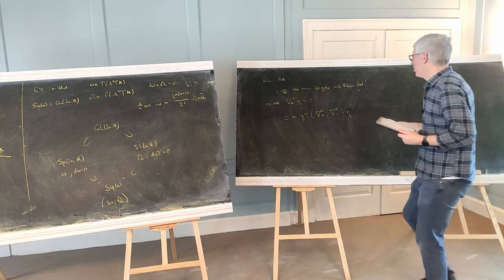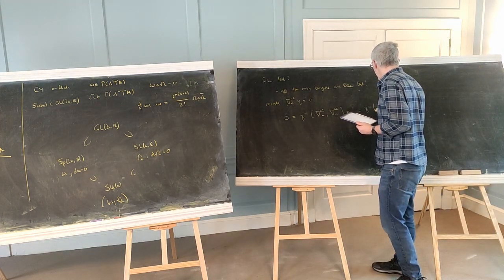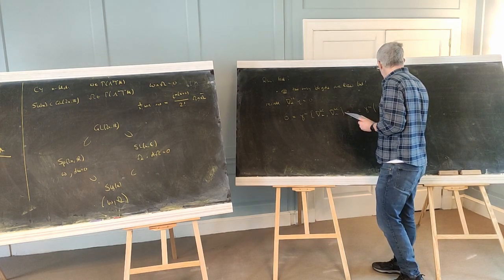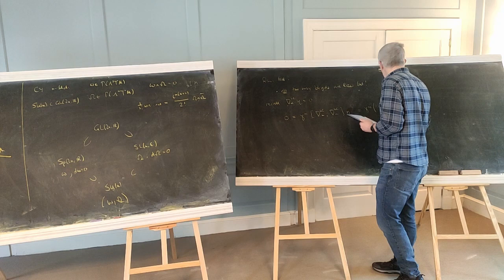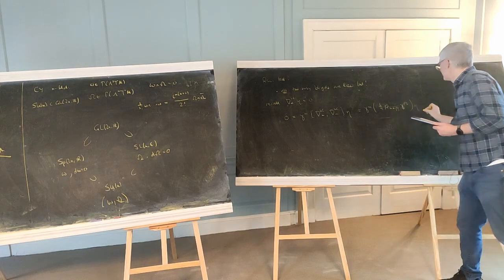So this thing I can write as gamma m, and then the way it works is I'll get a quarter R_{mnpq}, and then I get a pair of gamma matrices acting on this spinor.